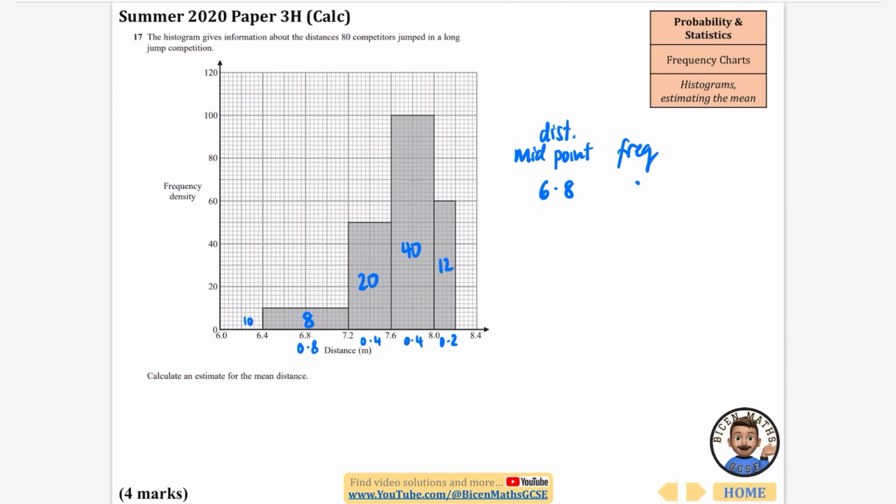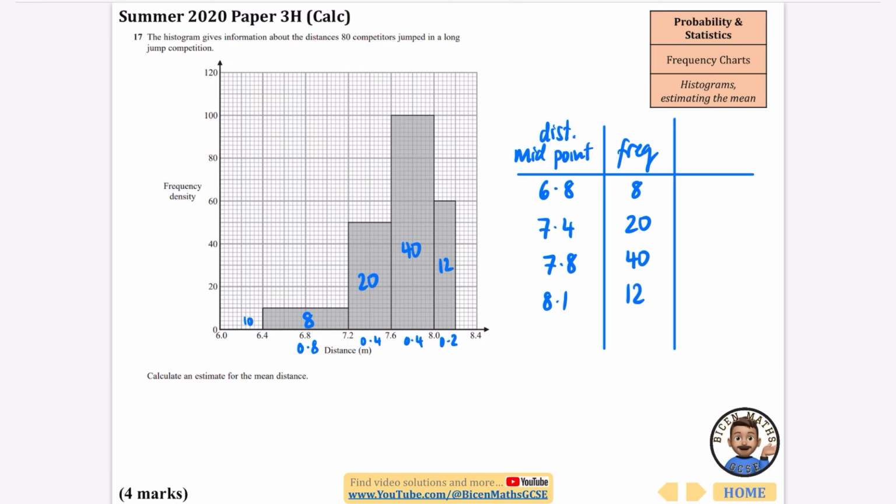And the frequency is 8. The next midpoint is between 7.2 and 7.6, which is 7.4. And the frequency is 20. The next midpoint is 7.8 and the frequency is 40. And the next midpoint between 8.0 and 8.2, the midpoint is going to be 8.1 and that is for 12.